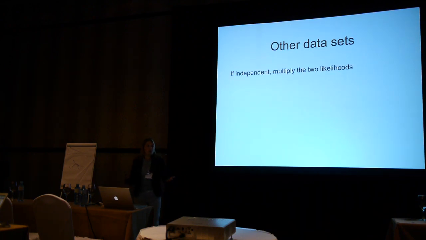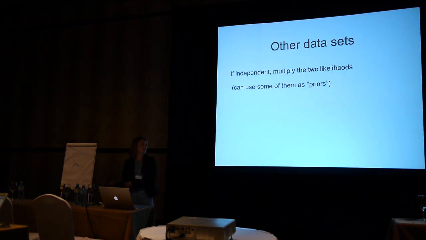Well, we know from the property of probabilities that if you have two independent processes, then the likelihoods just multiply. And the other way you can think about that is that you can use the result that comes from one data set as a prior on the parameters, and then combine it with the likelihood that comes from the other data set. But again, remember, you multiply the prior by the likelihood, so you're doing exactly the same operation, it's just a different way of interpreting it.